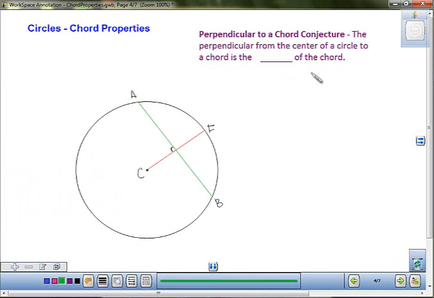You also need to know that the perpendicular to a chord conjecture says that the perpendicular from the center of a circle to a chord is the blank of the chord.